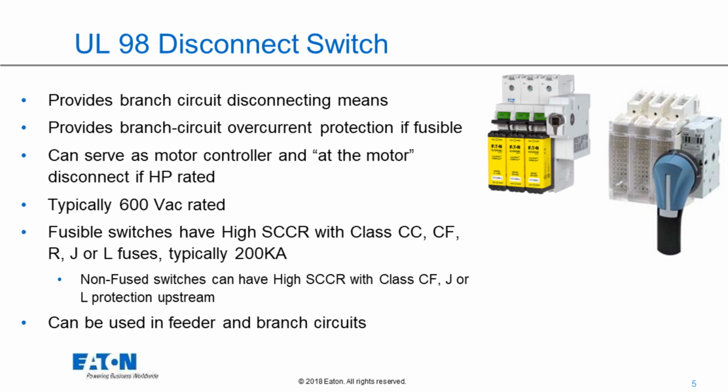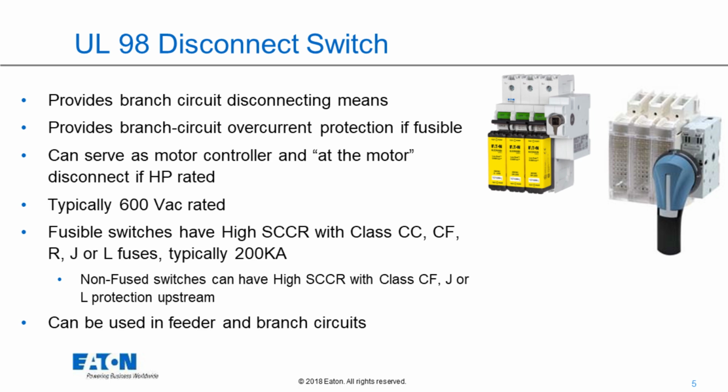So the UL98 disconnects provide branch circuit disconnecting means, branch circuit overcurrent protection if fusible, and can serve as motor controller and at the motor disconnect if horsepower rated, typically rated at 600 volts AC. The fusible switches have high short circuit current ratings with Class CC, CF, R, J, or L fuses.